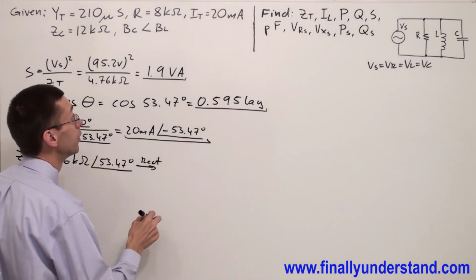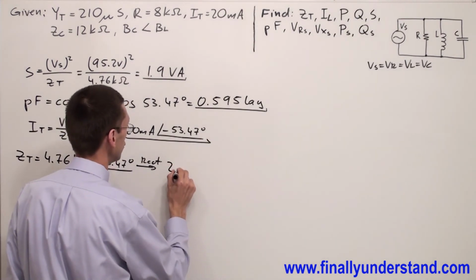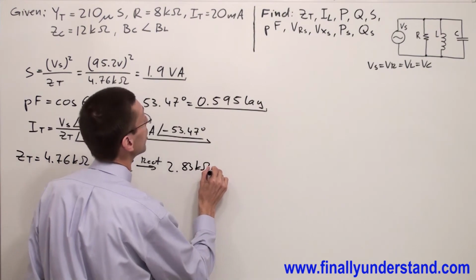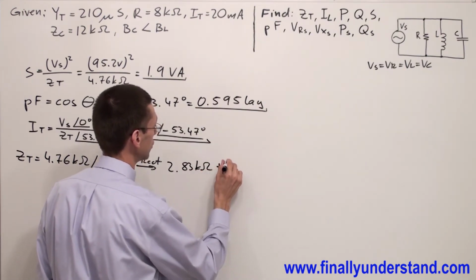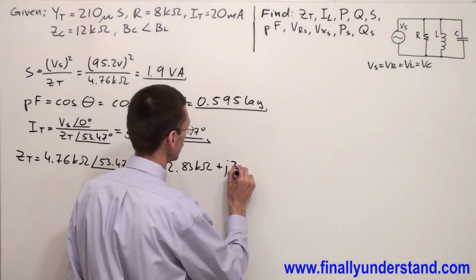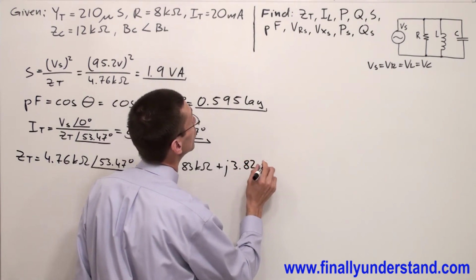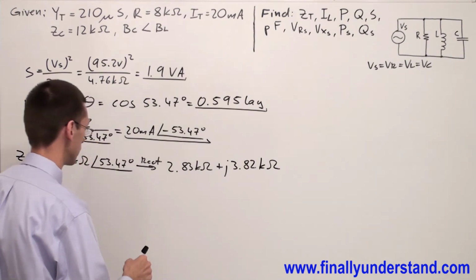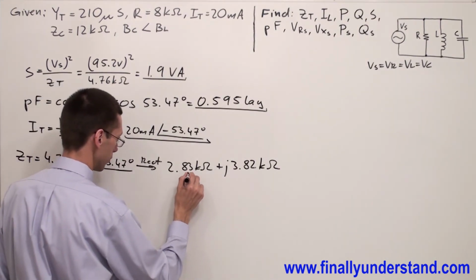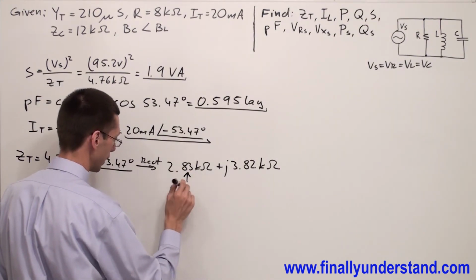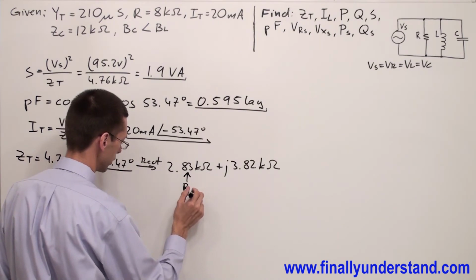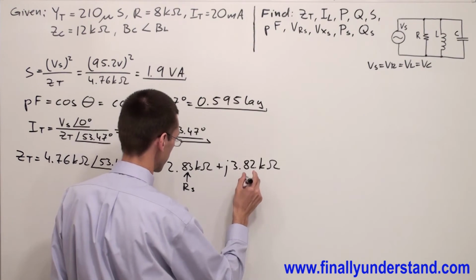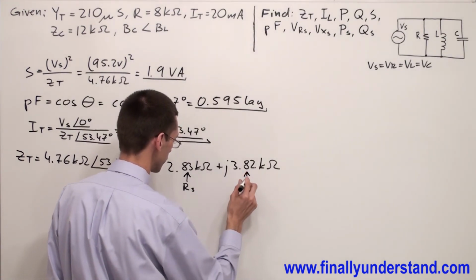Okay, so we will obtain 2.83 kilo ohms plus j3.82 kilo ohms, where the real part of my answer is my resistance in the series equivalent circuit, and this is my reactive component.